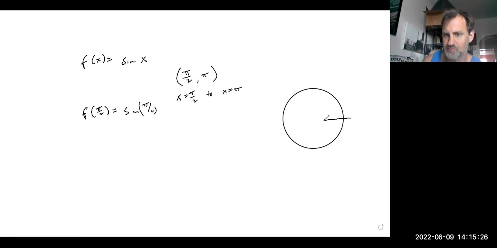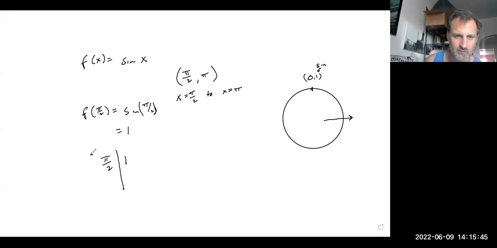Remember that the calculator needs to be set to radian mode, not degree mode. So pi halves is over here. This is (0, 1). Remember, sine is associated with the y value. So sine of pi halves is equal to 1. That means the input of pi halves has an output of 1 for the function sine x.